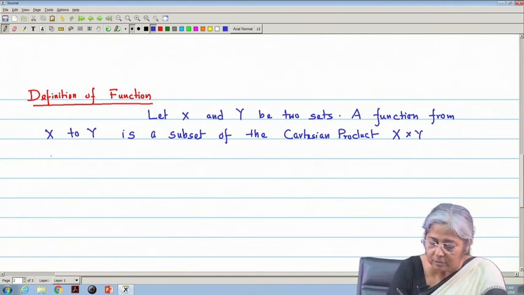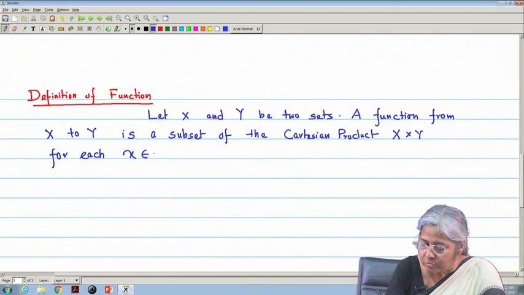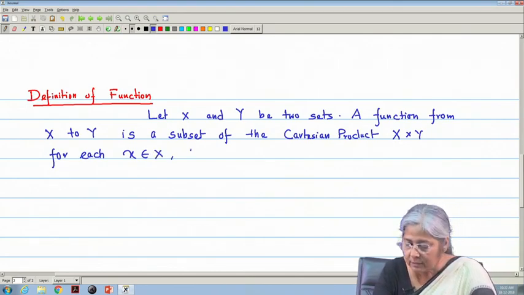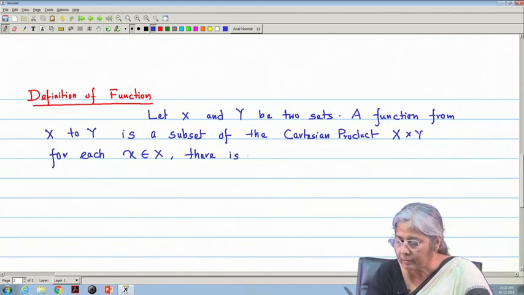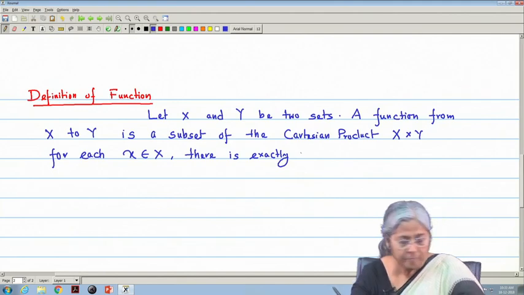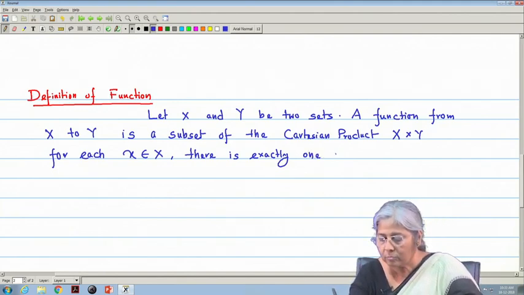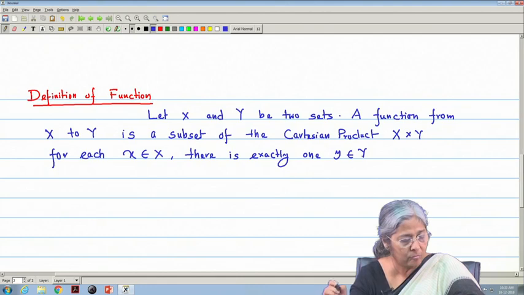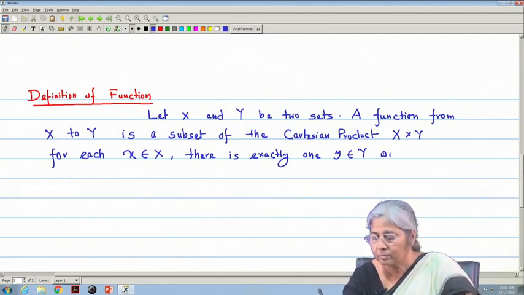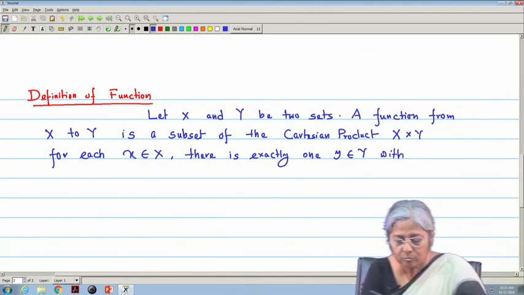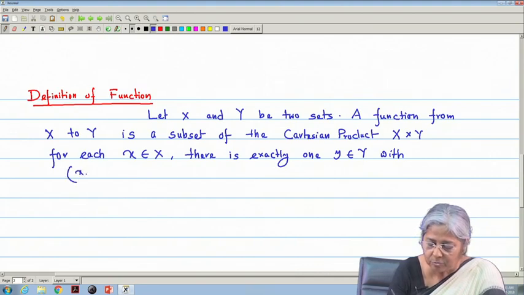such that for each x belongs to X, there is exactly one y belongs to Y with (x, y) belongs to f.